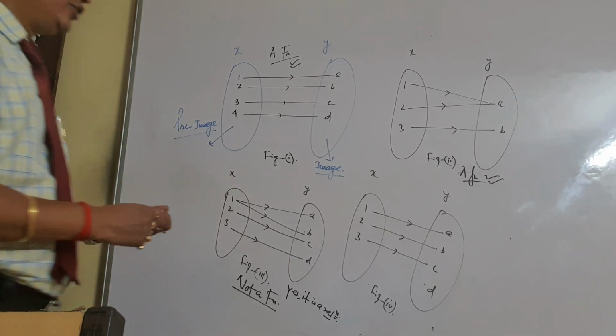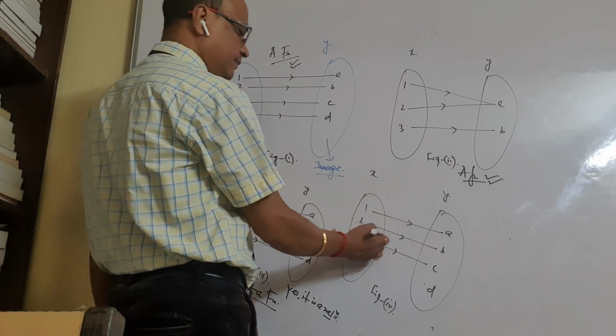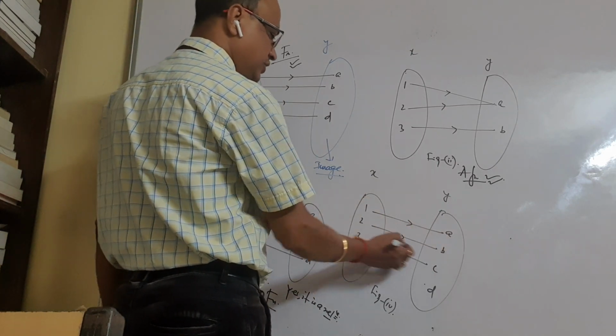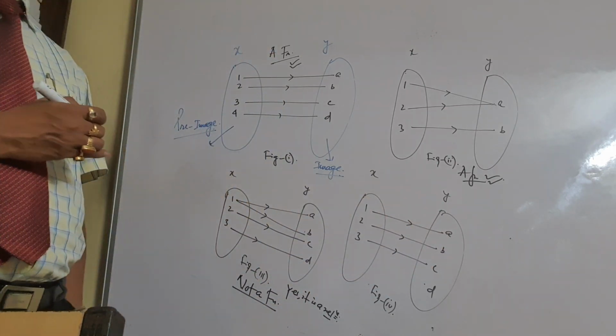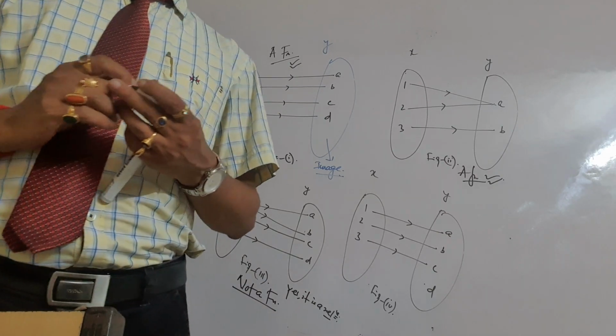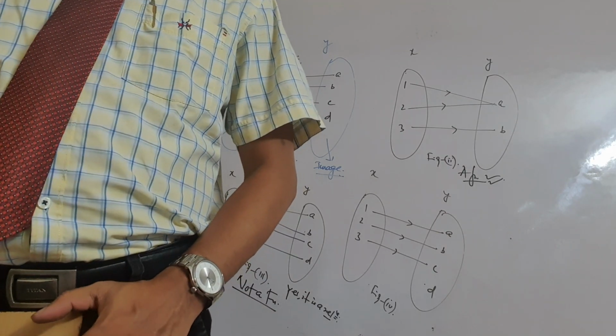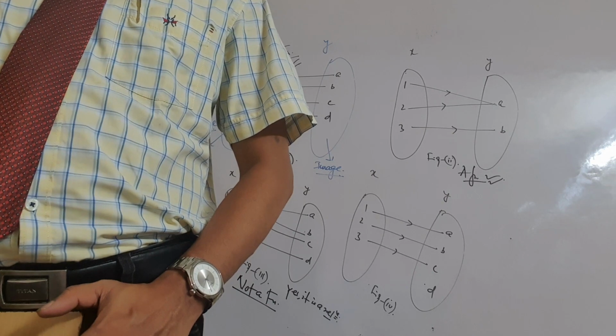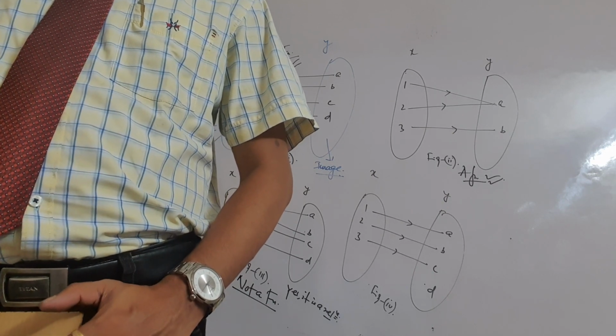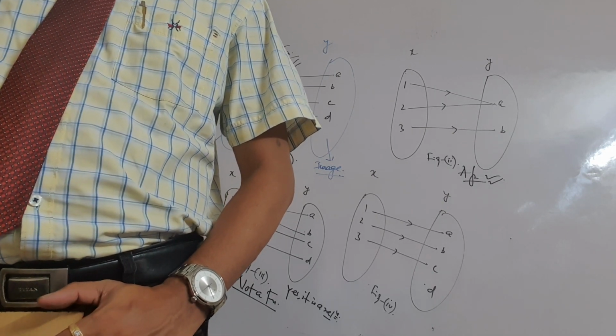And number 4, if you see, each element having unique images, but D does not have any pre-image. So can it be a function or can it not be a function? What do you think?